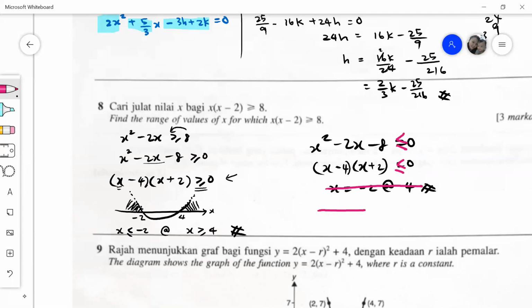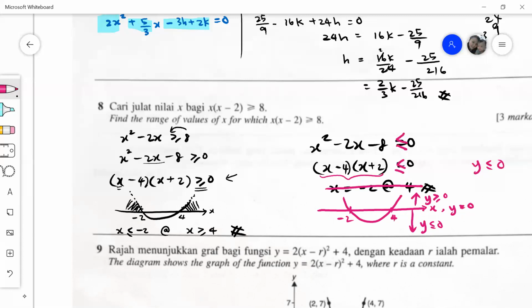Before I answer, I need to draw the curve, because this expression is as good as your y. You want y less than 0. On the x-axis, y equals 0. Y less than 0 is below, above is greater. Understand? So the turning points, the factors, will be -2 and 4.